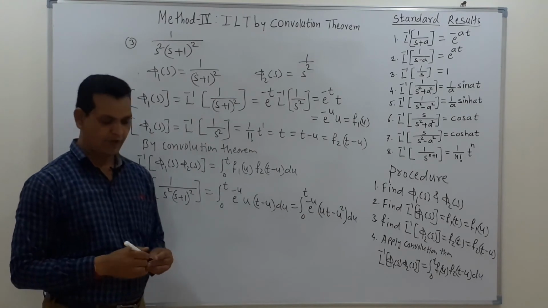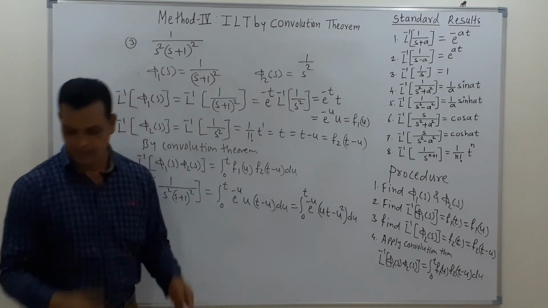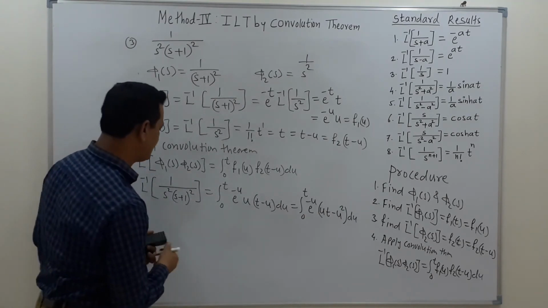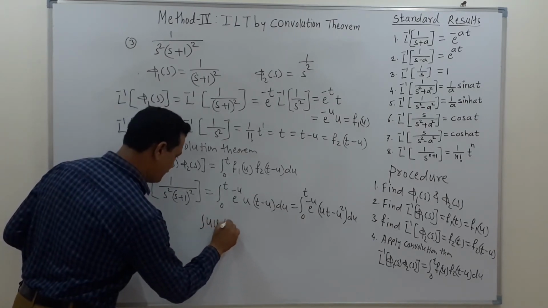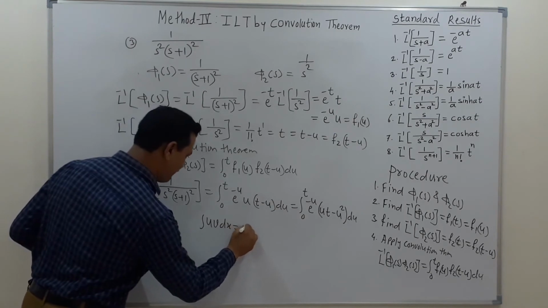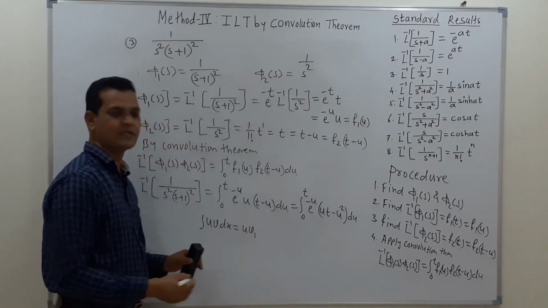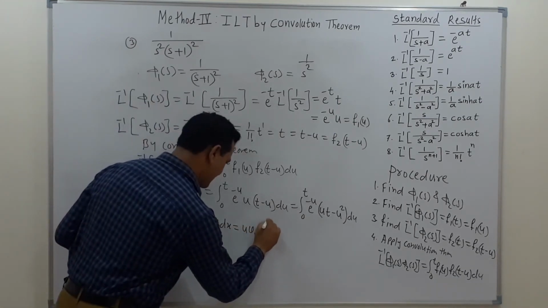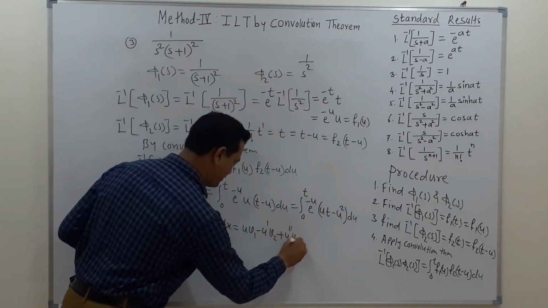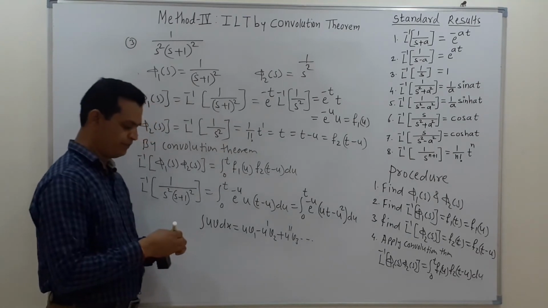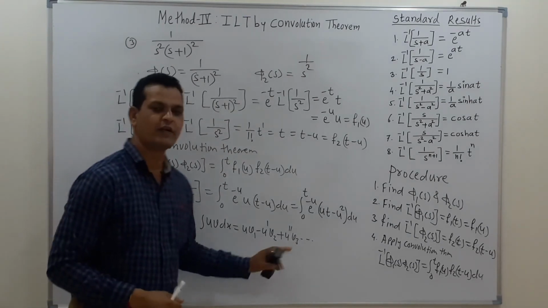So apply the general rule for integration by parts. Integration of uv dx is equal to first function into integration of second, minus derivative of first into second integration, plus second derivative into third integration, and so on. So this is called the general rule for integration by parts.